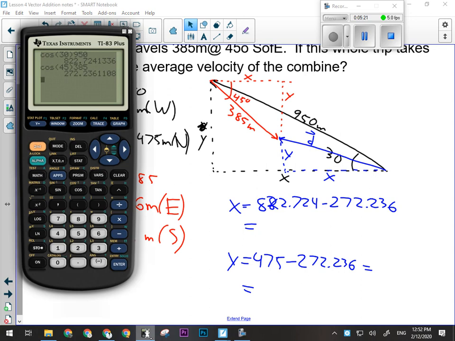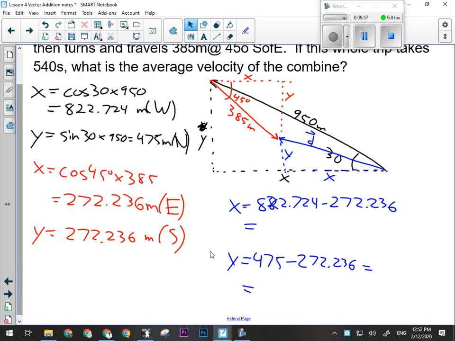All right, so we'll have our 822.724136, okay, minus our answer. So we're looking at 550.488 meters west.